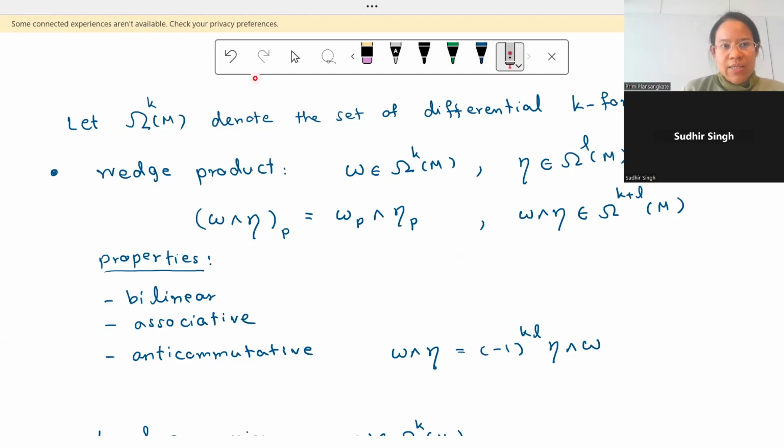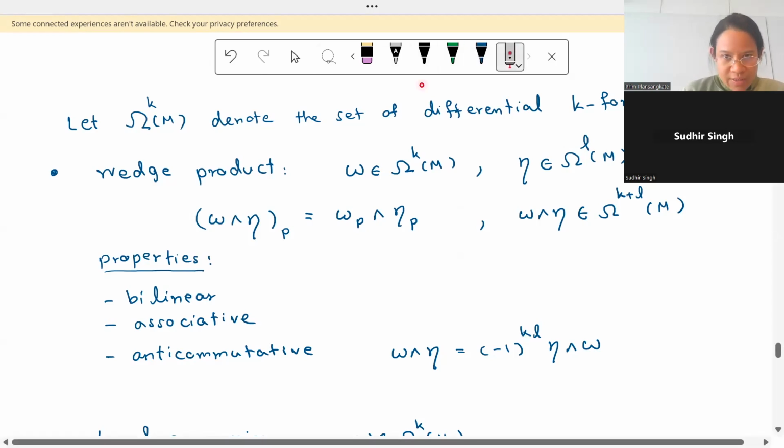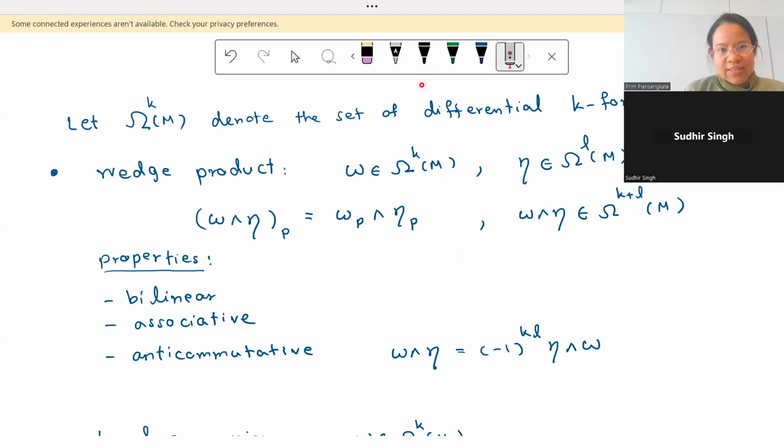Suppose I use this omega k of M to denote the set of differential k forms on M. Then we define the wedge product between a k form and an L form pointwise like this: its value at p is the same as the wedge product of the values of each one, and this is a k plus L form.